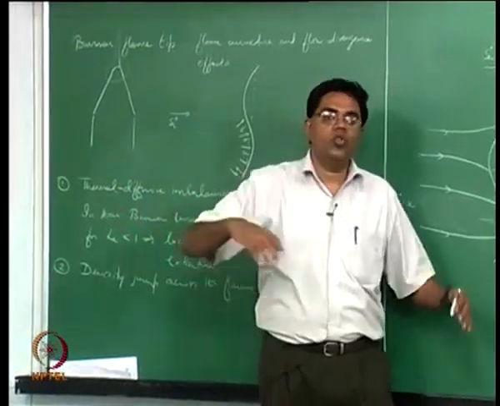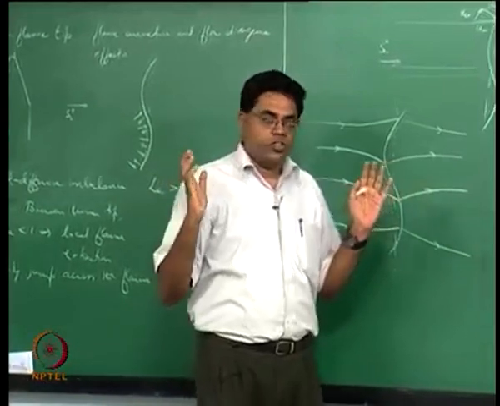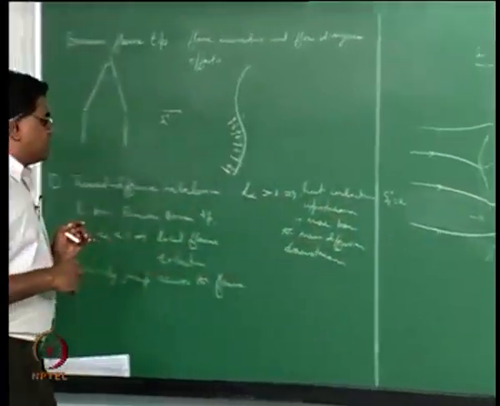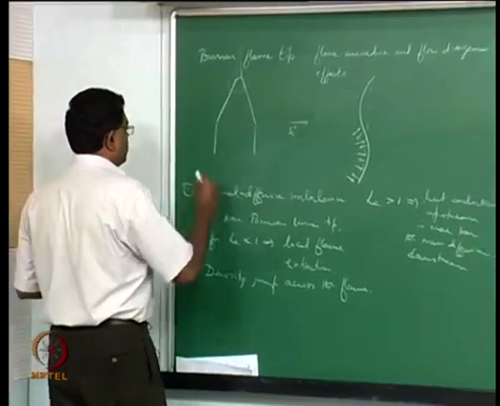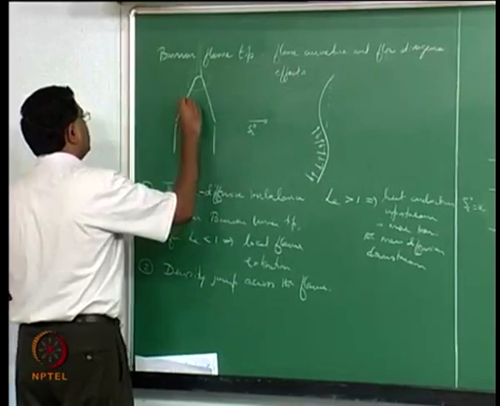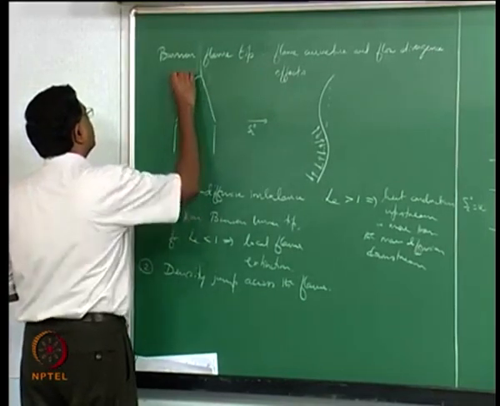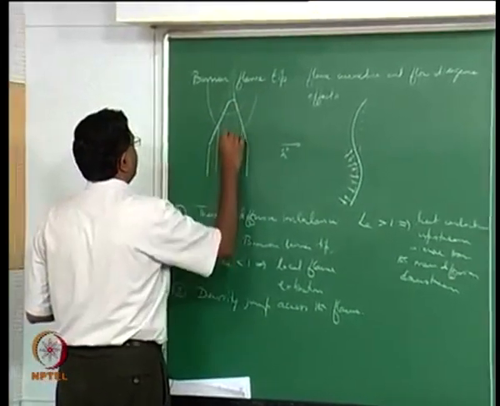If not, it is going to cause a local extinction. So we see this actually happening in a Bunsen burner. For example, when you now talk about a streamlined path that is approaching the flame, you now know for a fact that you have a streamlined path that goes like this.